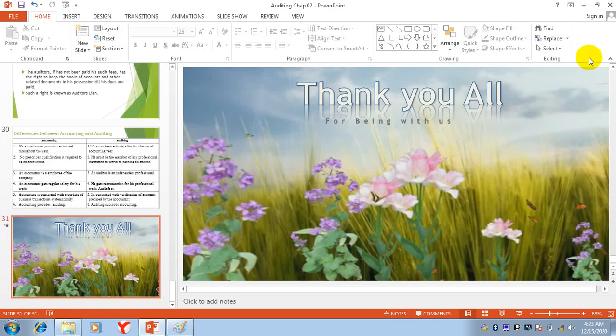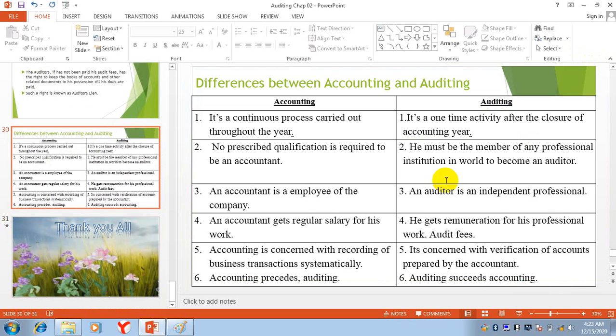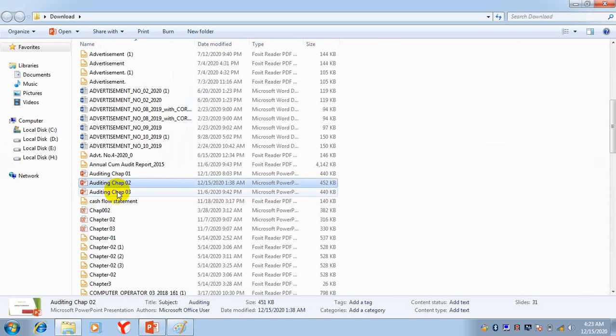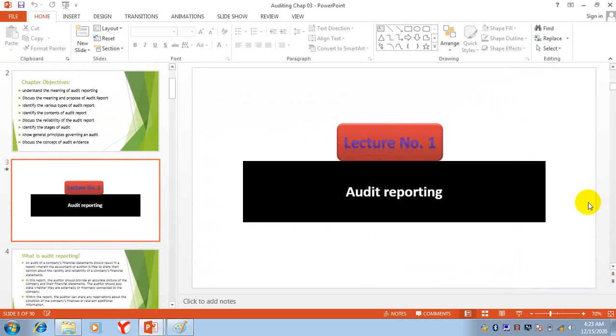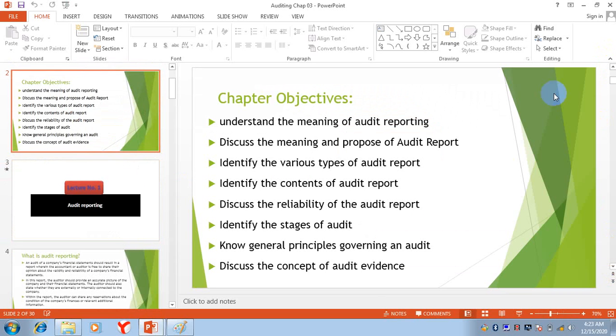Inshallah, in the next class we will start chapter number 3. In that chapter we'll discuss audit reporting: what is an audit report, the meaning and purpose of the audit report, the various types of audit report, and the contents of the audit report, which things will be included in it.